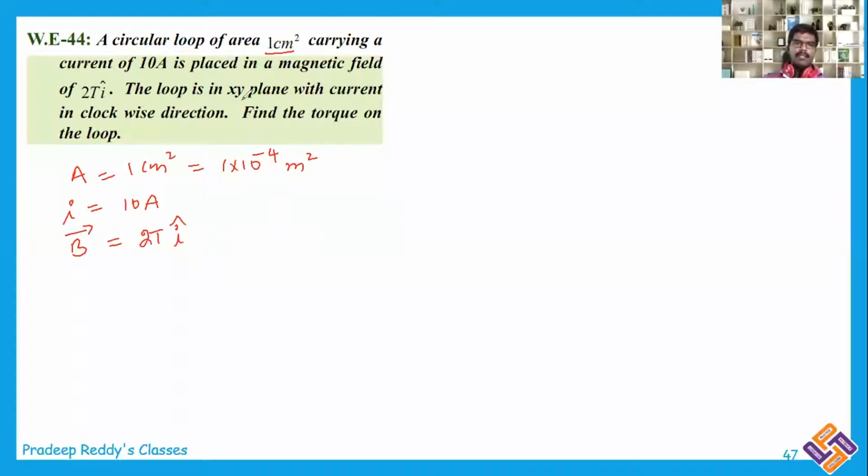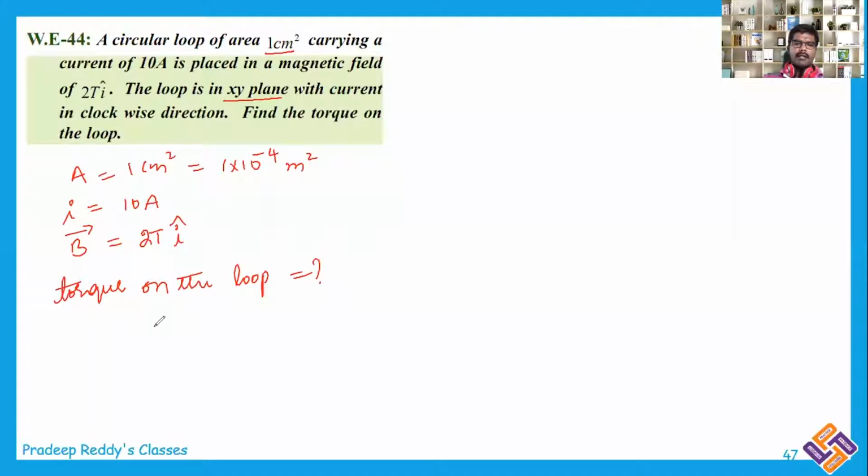The loop is in the xy plane with current in the anti-clockwise direction. So the loop is placed in the xy plane in which current is passing in the anti-clockwise direction. Find the torque acting on the loop. You need to calculate the torque on the loop.